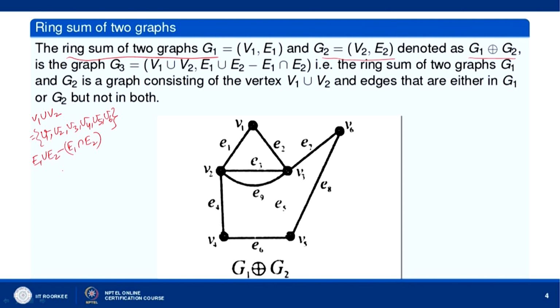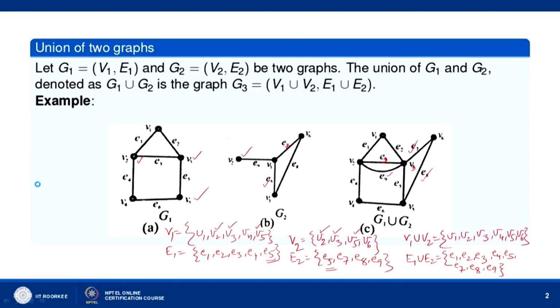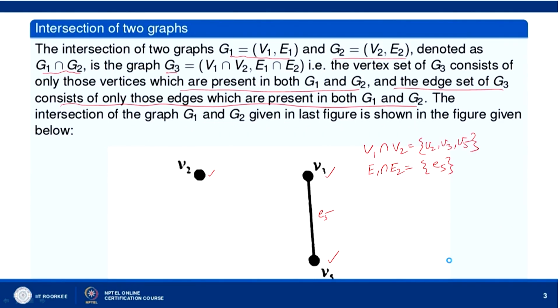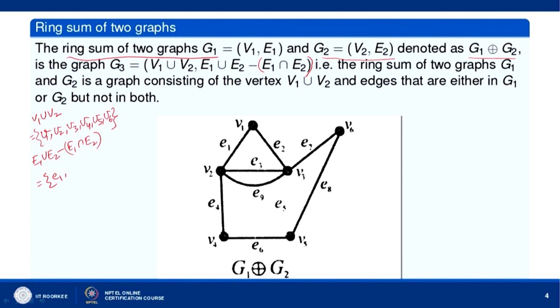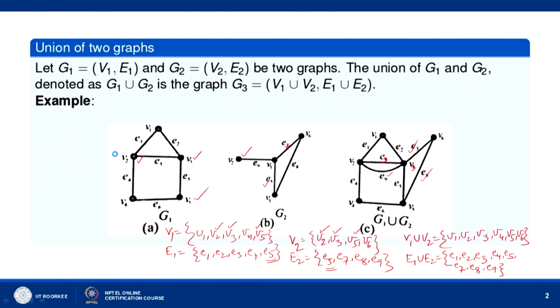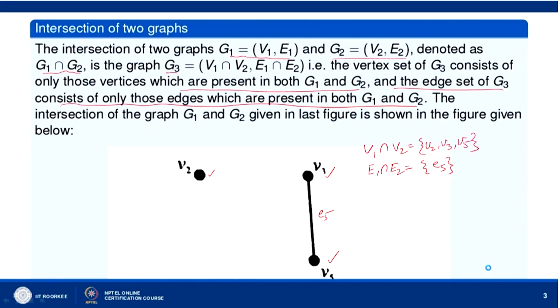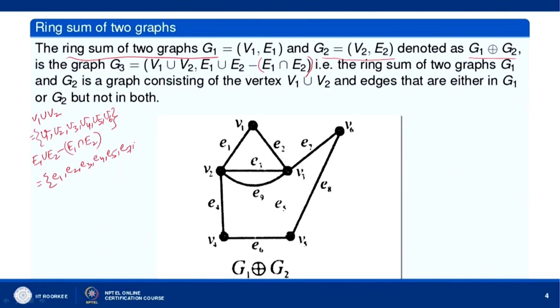So, E1 union E2 is this one: E1 E2 E3 E4 E5 E7 E8 E9, minus E1 intersection E2.